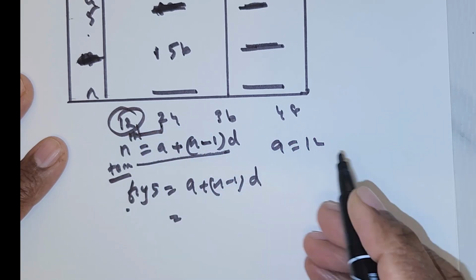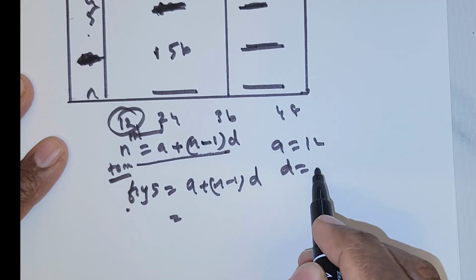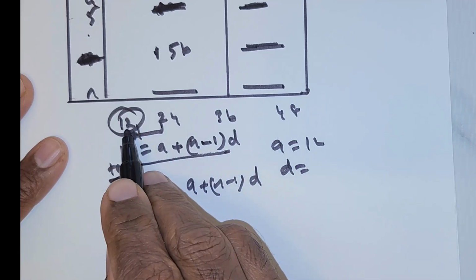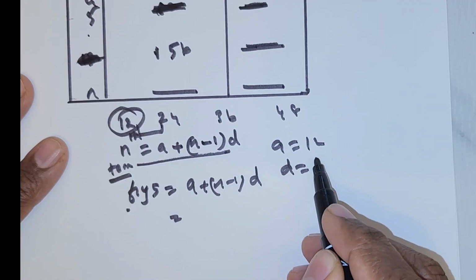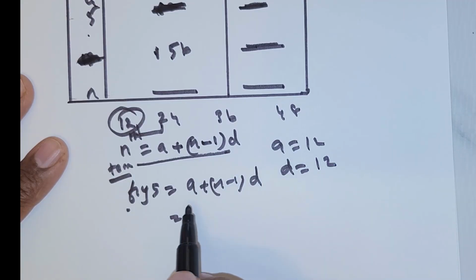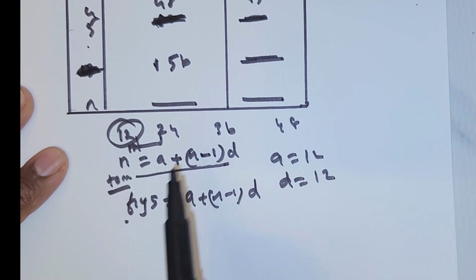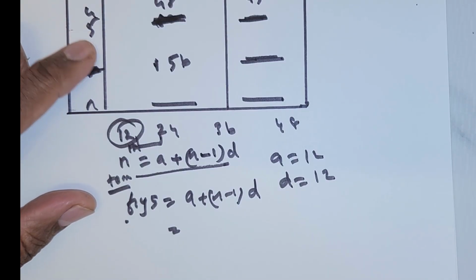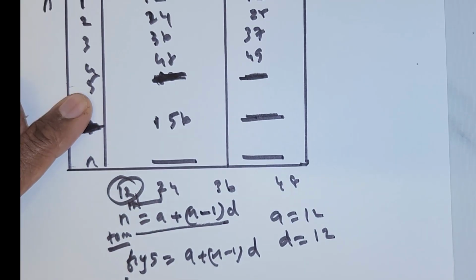The difference between the first and the second term, that is going to give me the value for d. Clearly 12 and 24, the difference is 12 there. And we are interested in getting the value for number 5 there.